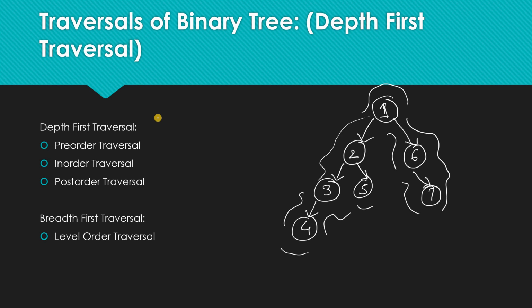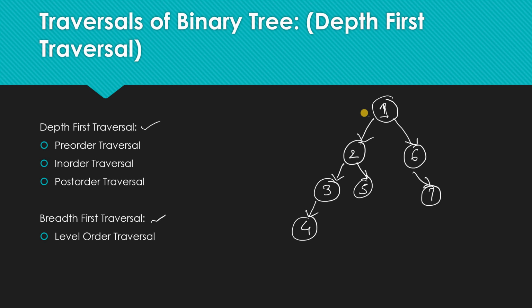So what are the different traversal mechanisms in binary tree? We can segregate it into two types. The first one is depth first traversal, and the second one is breadth first traversal. So what is depth first traversal? As the name suggests, in the depth first traversals, we first go into the depth of the data structure.